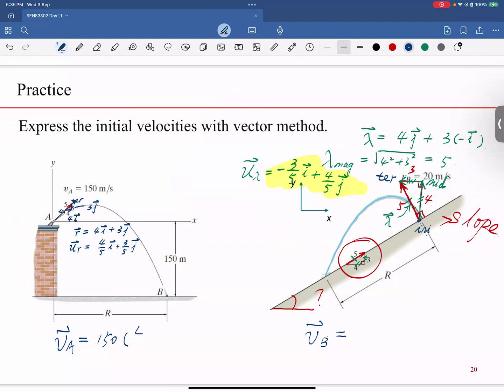Then the direction, 4/5 i plus 3/5 j. And then the unit. You can even expand it. VA is 120i plus 90j in meters per second.